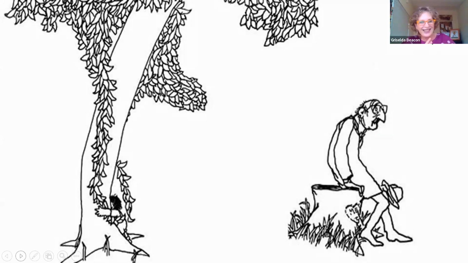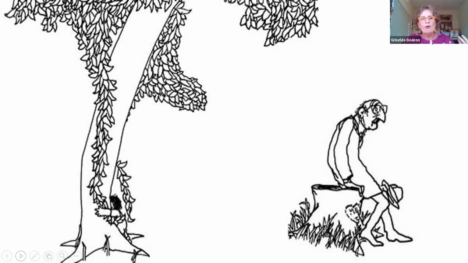When he's a little bit older, a teenager, he goes there with his beloved one, and then they carve their names on the tree trunk. But then when the child grows and he needs money, he sells the apples he takes from the tree. And later on, the tree becomes animated and they have a dialogue. He says, now I need to build a house. And the tree gives the branches for the house. And then he says, now I need to travel.